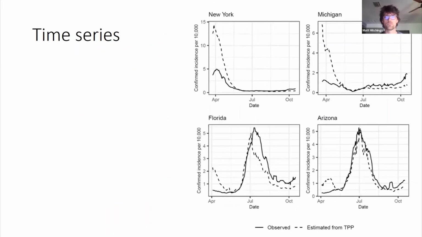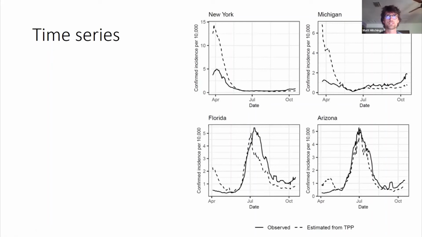So finally, we looked at a little bit of data just to see what the patterns were like in real data. I just picked out data from the COVID Tracking Project on confirmed incidence and test positive proportion calculated from their data. The way to interpret this is the solid line is the reported positive tests, and the dotted line is estimated from the TPP.